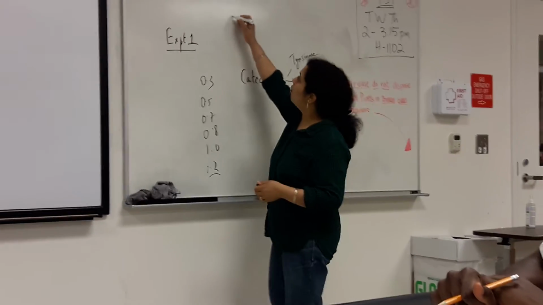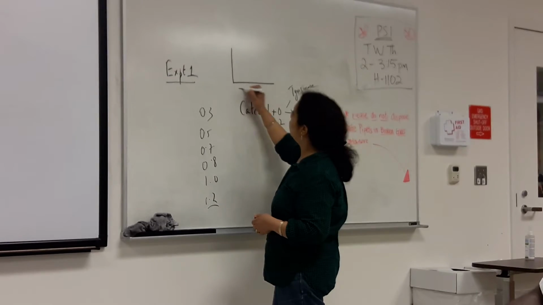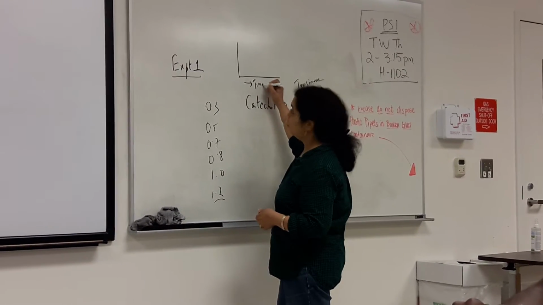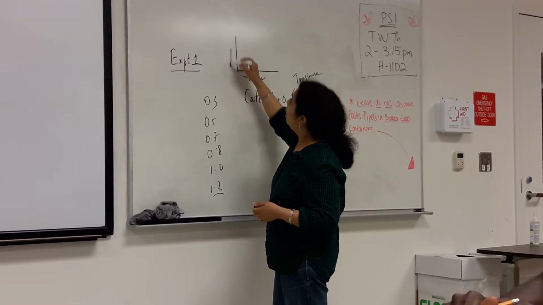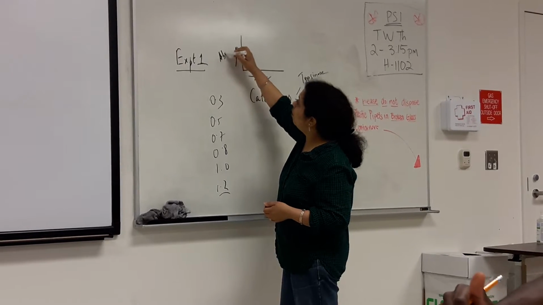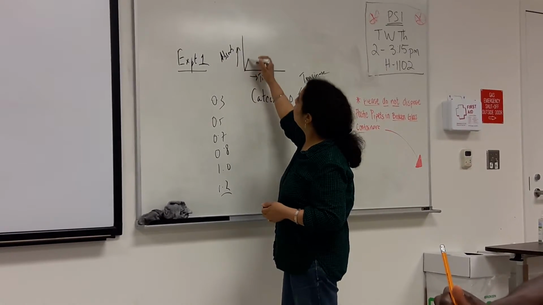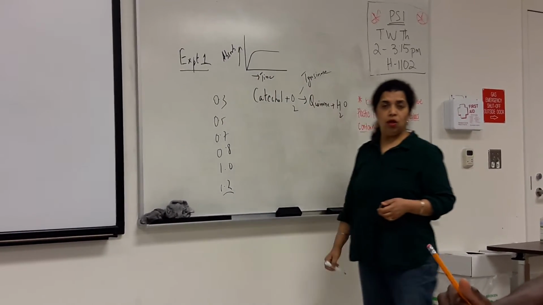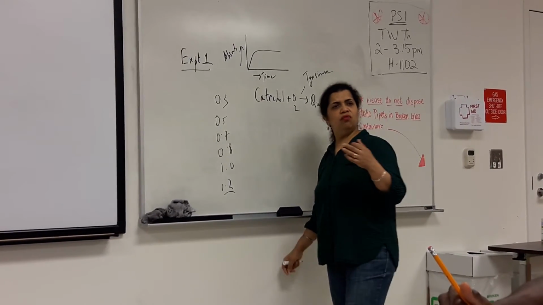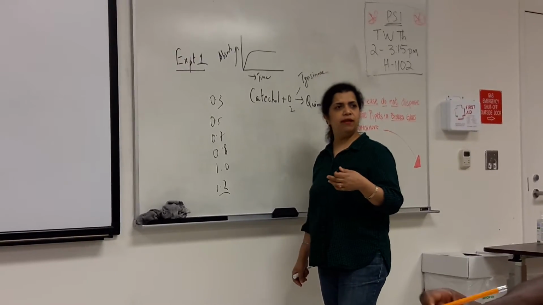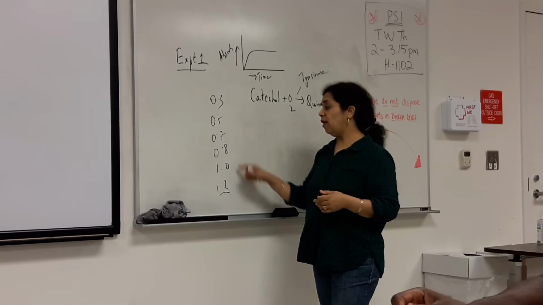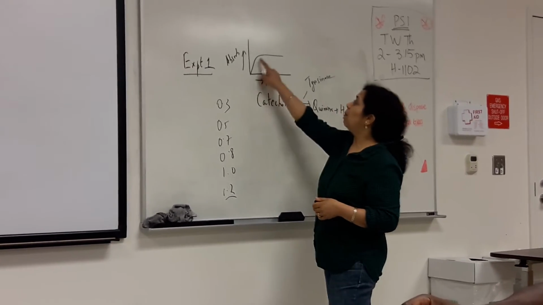If you plot time here, which is the independent variable, and absorbance here, you should get this kind of graph. And after some time, around 120 or 150 seconds, it was leveling off. The values were not increasing. So it was becoming like this.